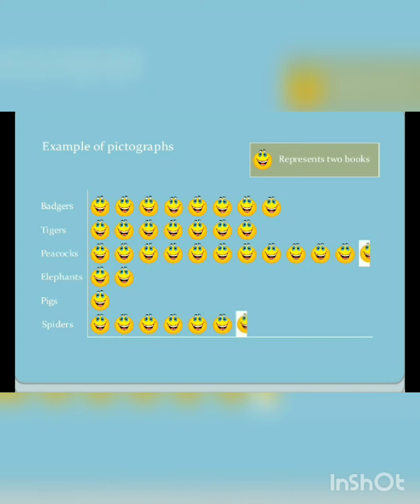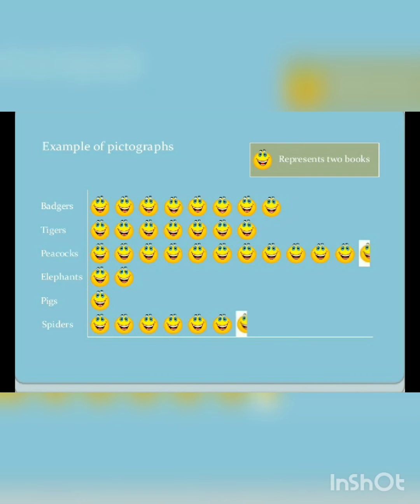Let's count: 1, 2, 3, 4, 5, 6, 7, 8, 9, 10, 11 and a half. So 11 multiplied by 2 is 22 plus 1, that is 23 books of peacocks. Elephants 4, pigs 1, and spider, once again let's count: 1, 2, 3, 4, 5 and 6 and 1 is a half.